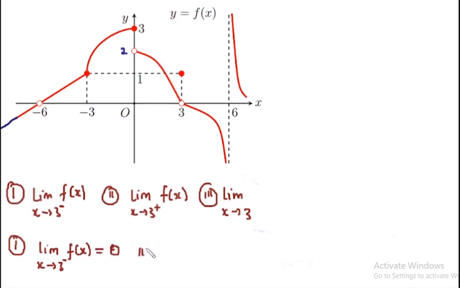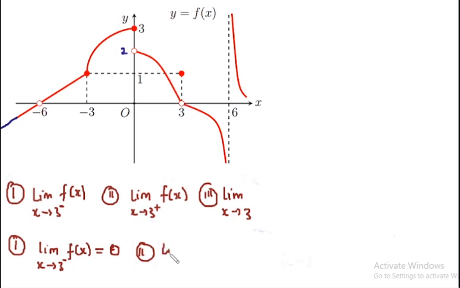For the second problem, we ask to find the right hand side limit as x approaches 3. So you follow here, you follow slowly. As the x value is getting closer and closer to 3, the y value is getting closer and closer to 0.